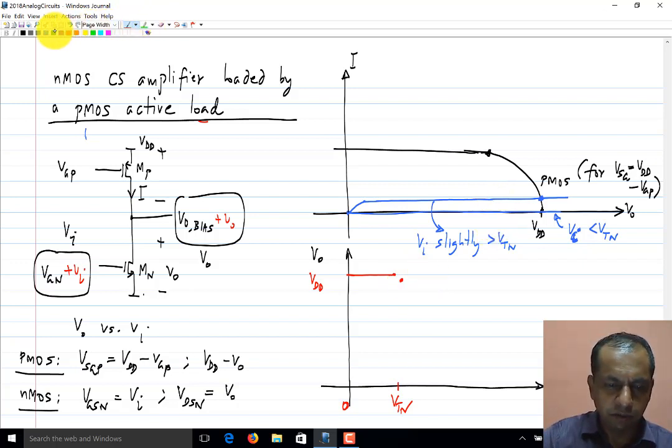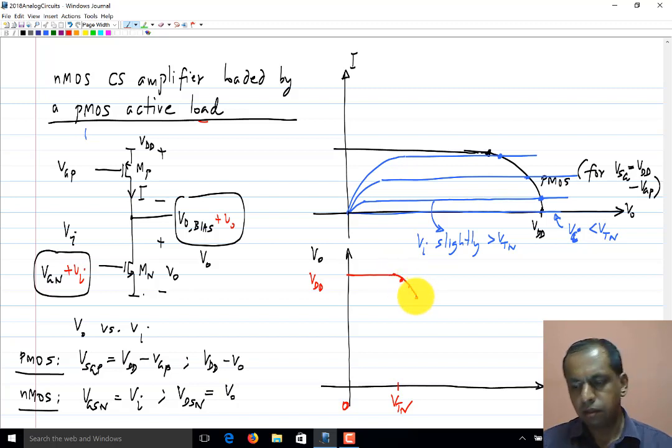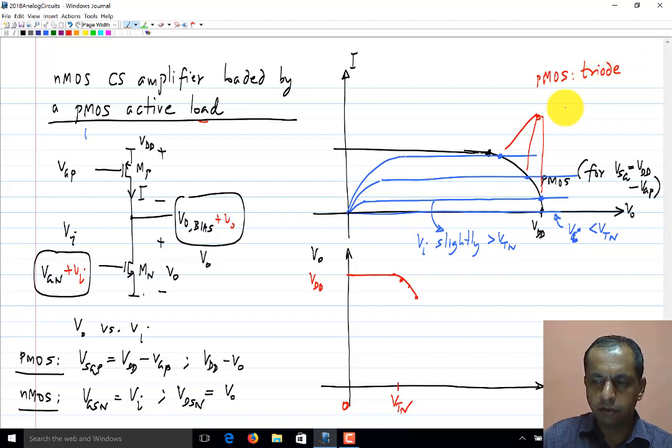And as the value of Vi increases, the points of intersection keep moving to the left. So we'll have points like this, and we can see that in these cases the PMOS transistor is in triode region and the NMOS transistor is in saturation region.